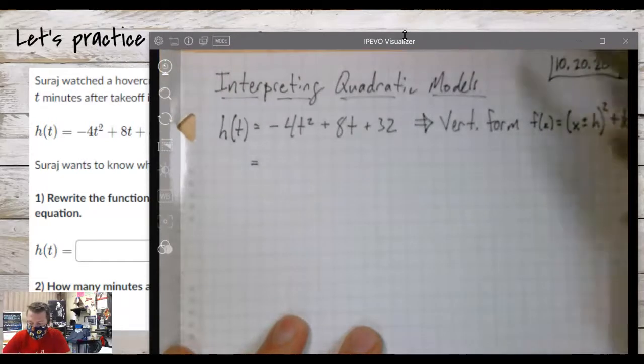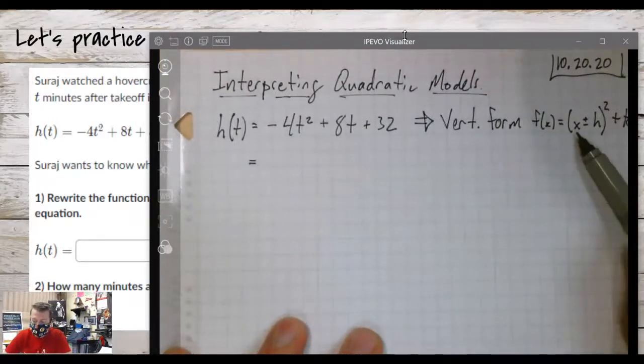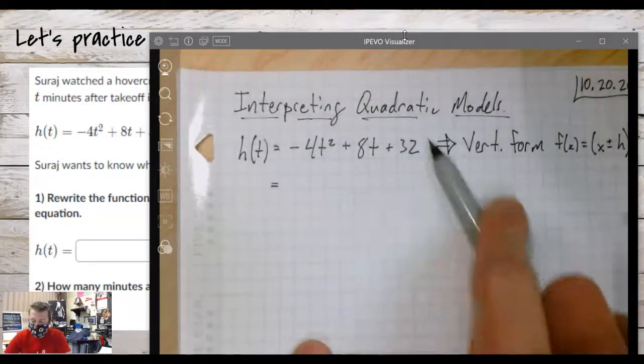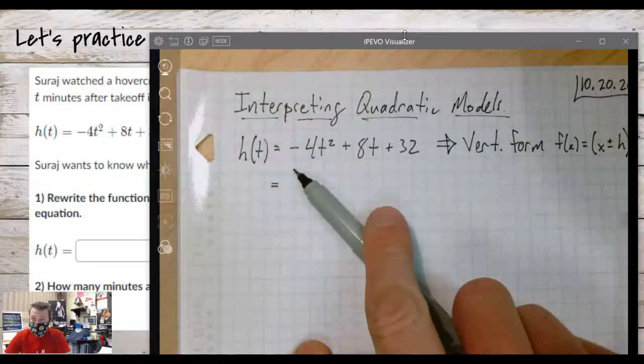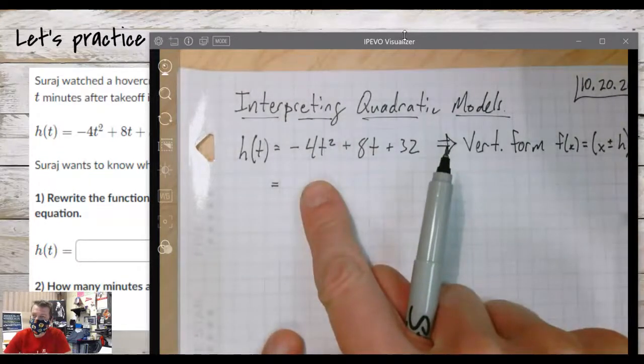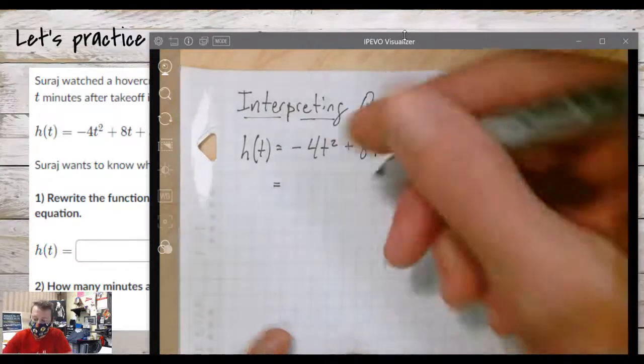So, crap. I don't want a coefficient inside of here. And when I look at this, what could I do with this? Yeah, factor out not just 4, negative 4.